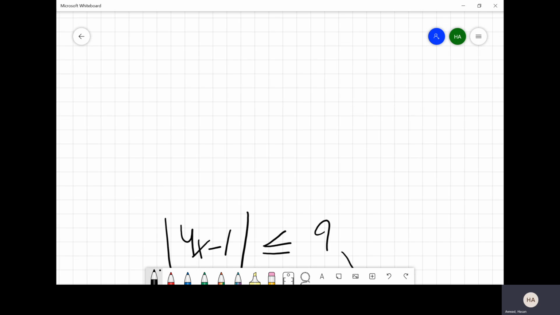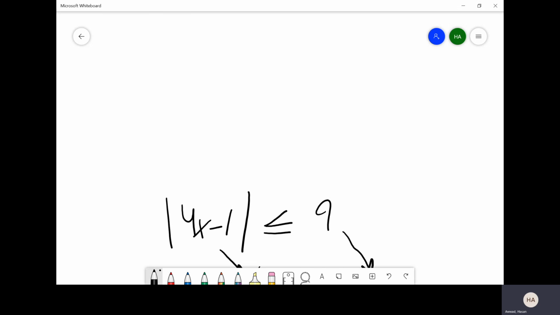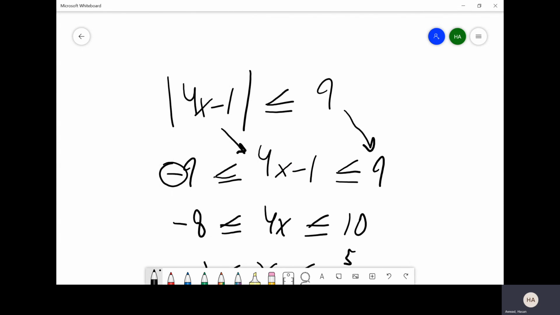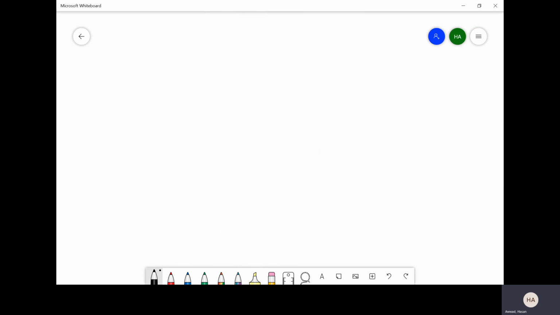And remember, this is all because of what we talked about, of how these inequalities will stop working after a certain point, and that break point is always at the negative version of that number. So the negative version, in this case, of 9. Okay, so that's it for that example.